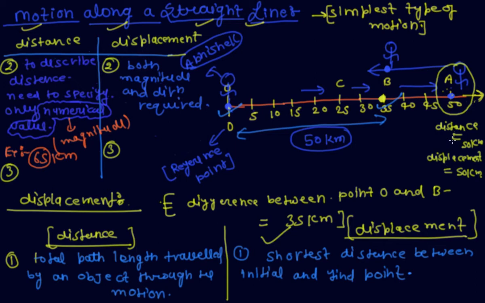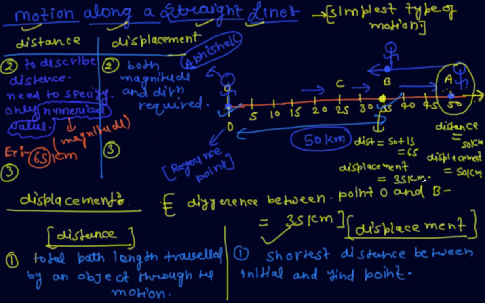Then I can say distance is equal to displacement. So I further check at another position, point B. Abhishek moves from point O to A, then back to B. Then the total distance is 50 plus 15, so this is 65. And displacement is just the shortest distance from O to B, it is 35 km.